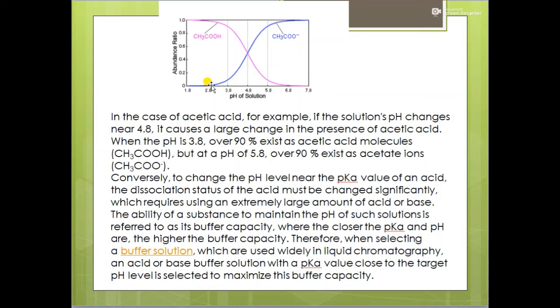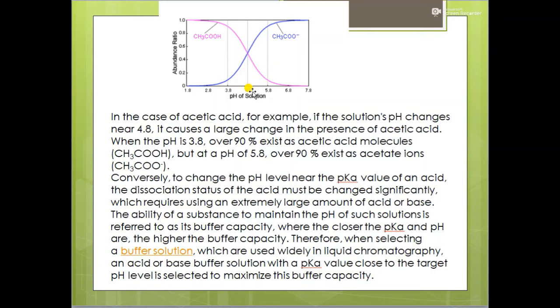You should remember that this happens at a pH which is the pKa value. So at a pH near the pKa value, both the ions will be in equilibrium and have equal concentrations.